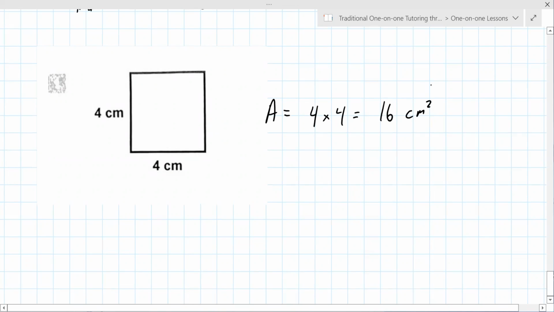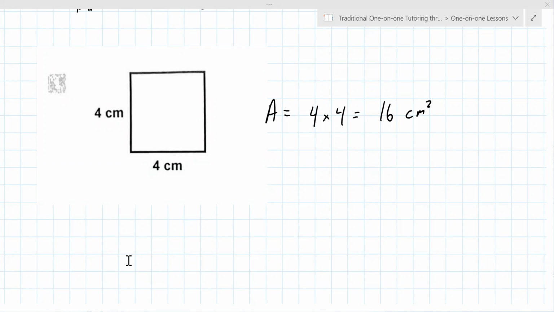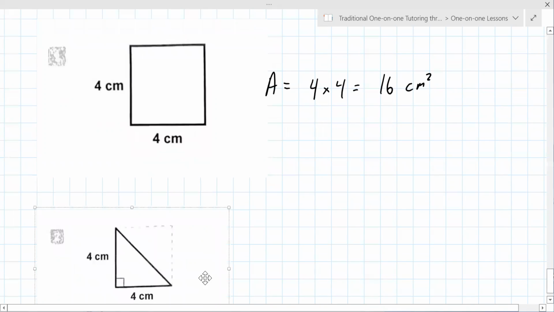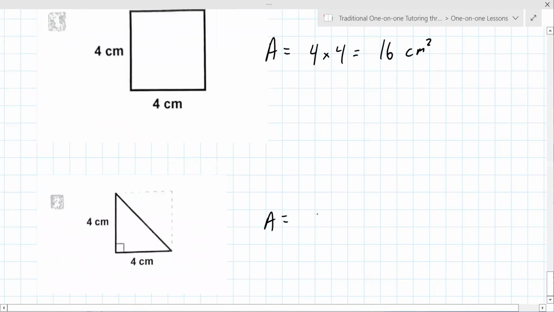Your units are super important. And then same thing, 4 times 4 divided by 2 is 8 centimeters squared.